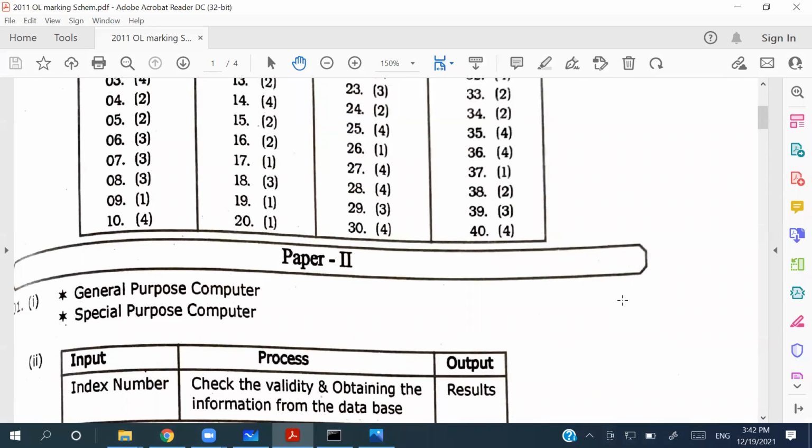General purpose computers are the computers that we are using, right? The special purpose computers are computers which are built for some specific task. Like if you visit a hospital and go for a particular scan, it is maintained by a computer system again, but that computer is made for that task only, right? So it is a special purpose computer. So 2 marks are given.